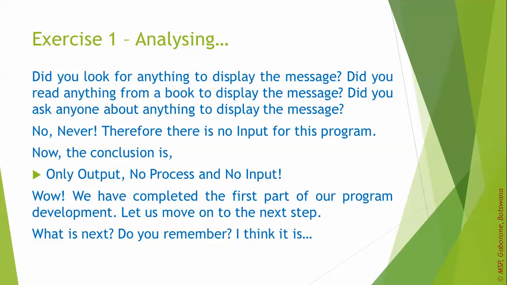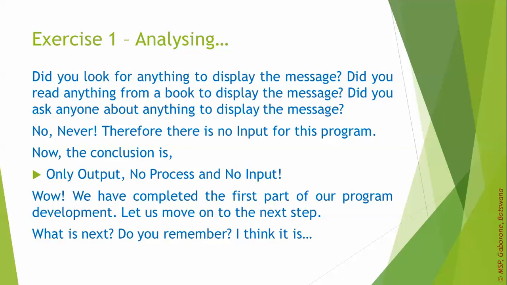Did you read anything from your book to display the message? Did you ask anything about anything to display the message? No, never. You didn't do anything. Therefore, there is no input for this program. So the conclusion is, for this problem, only output, no process and no input. Wonderful. We have completed the first part of our program development. Let us move on to the next step.